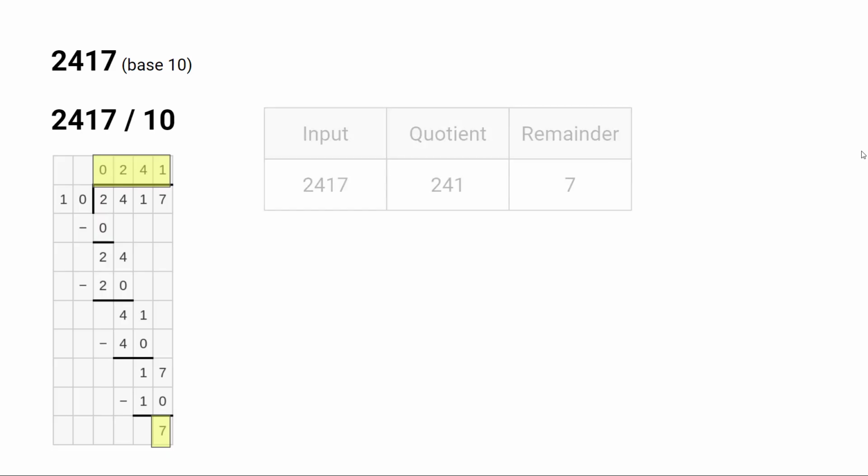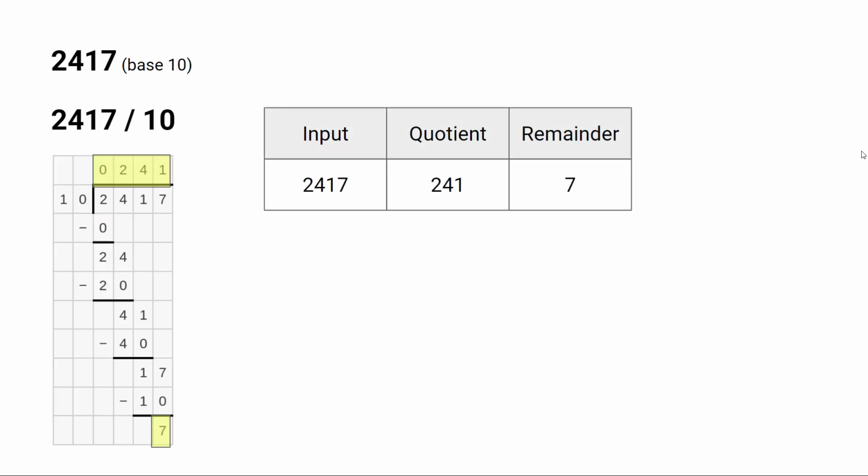Note that the remainder must be less than 10 because we're dividing by 10. And if the remainder were 10 or greater, we could just divide again. Record both the quotient and the remainder. Now repeat this process, but use the quotient from the previous step, 241, as the new input. So divide 241 by 10.